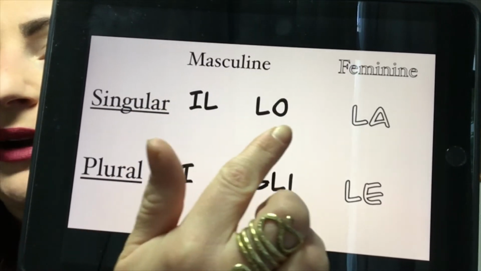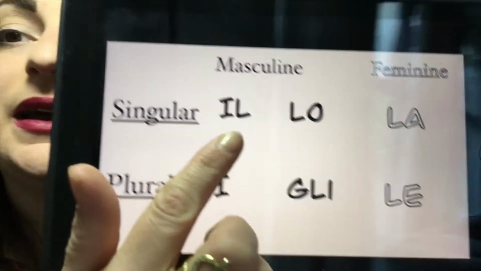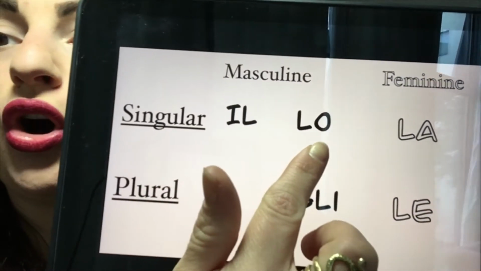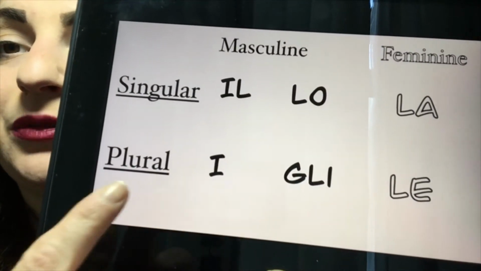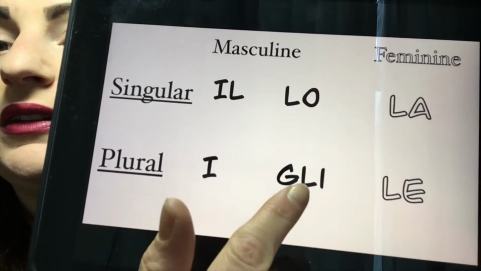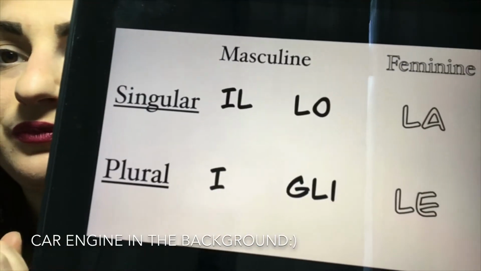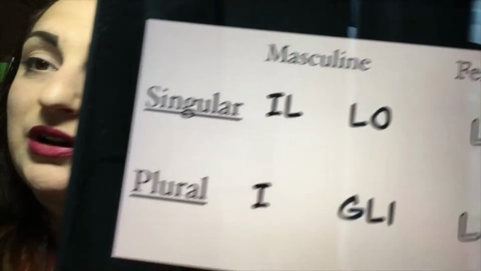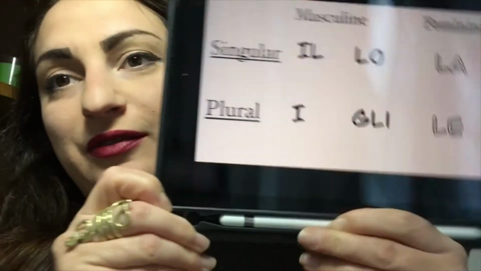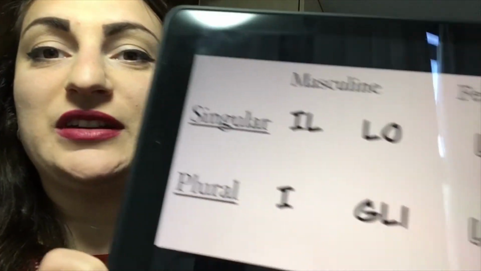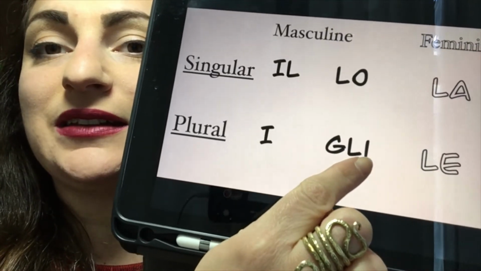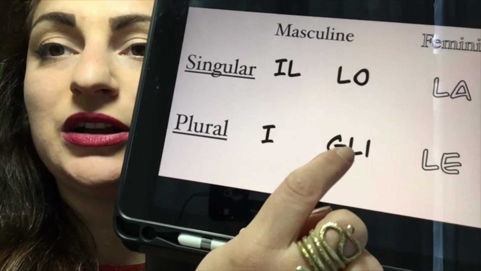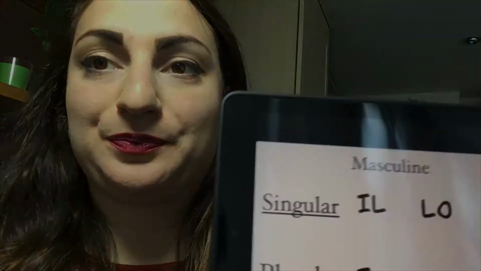The ones on top are the singular ones: il, lo, la, and then the plural ones: i, gli, le. First of all, in Italian we have another sound, which is gli. When you find G, L and the letter I together, you pronounce it as y.